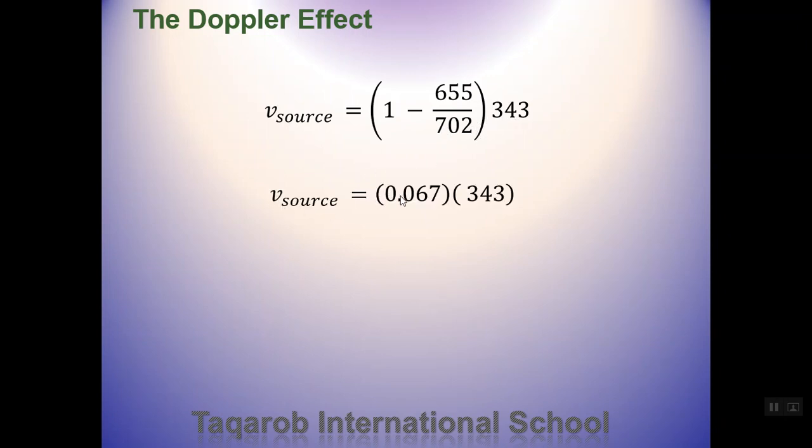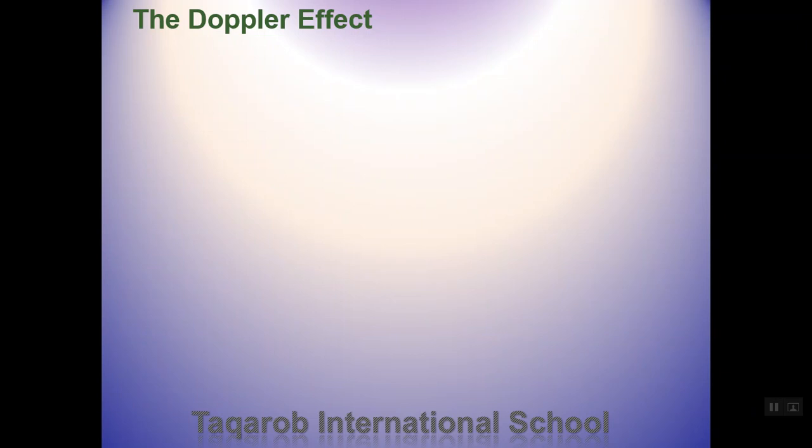V source is equal to 0.067 times 343. This means the V source is approximately 23 meters per second. This is the description for case 1, when we have a moving source and a stationary observer.